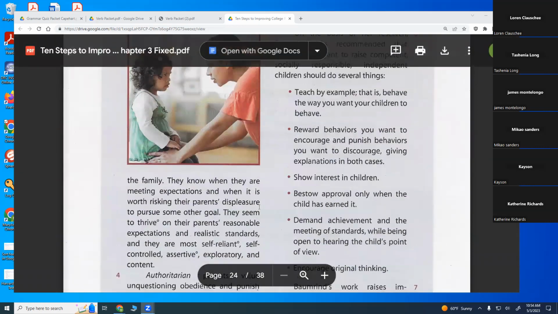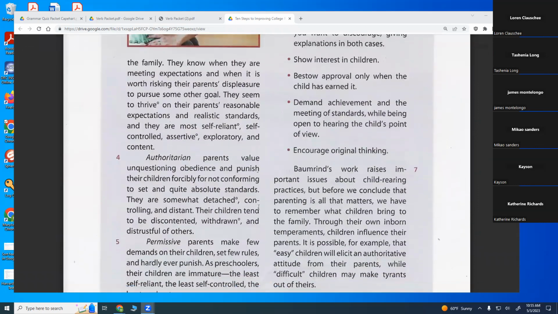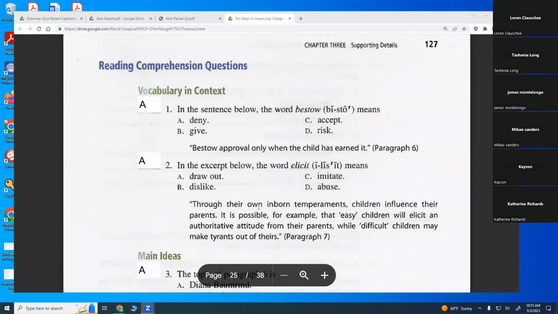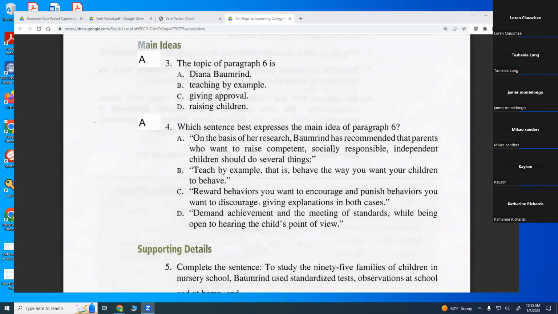And she's talking about what we just looked at, those things you do or don't do. Which is best? Parents who want to raise competent, socially responsible, independent children should do several things. Teach by example, blah, blah, blah. Reward behaviors you want to encourage and punish behaviors you want to discourage, giving explanations. Demand achievement, meeting the standards, while being open to hearing the child's point of view.